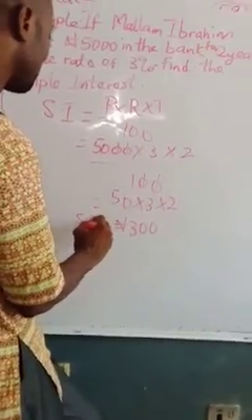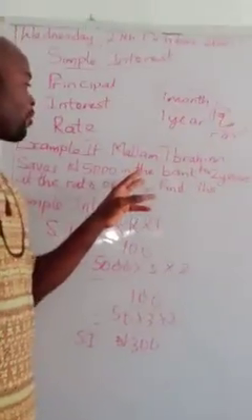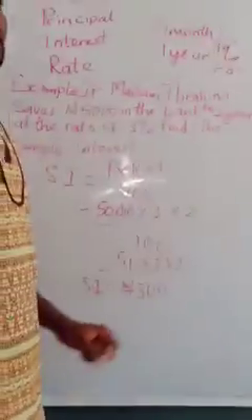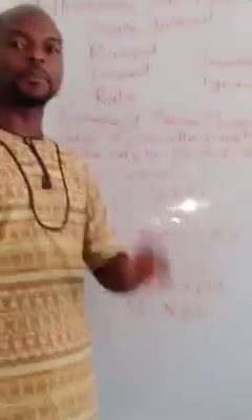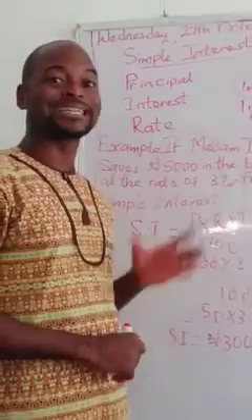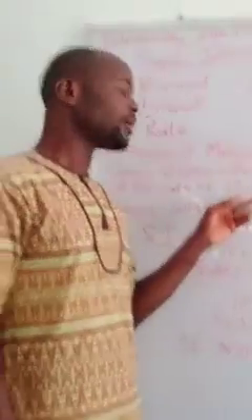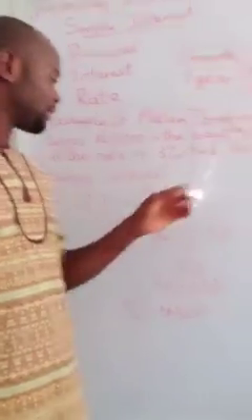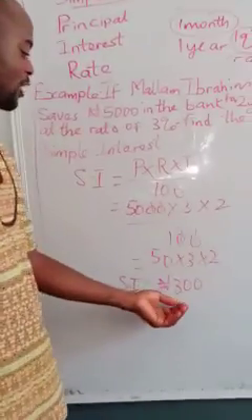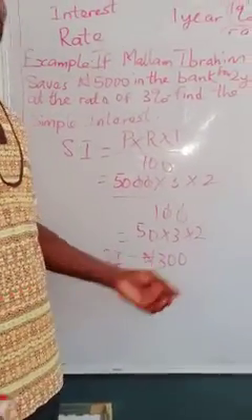What it means is, if the malam leaves the money in the bank for 2 years, and the bank says if you leave your money in the bank for that period of time, the interest that will come on it at 3% will be 300 naira.